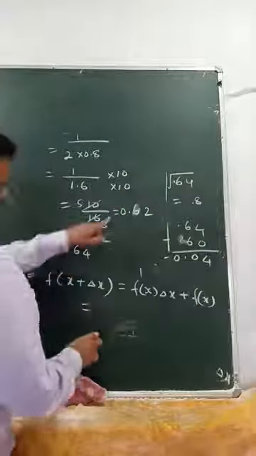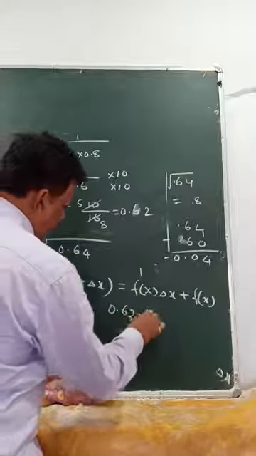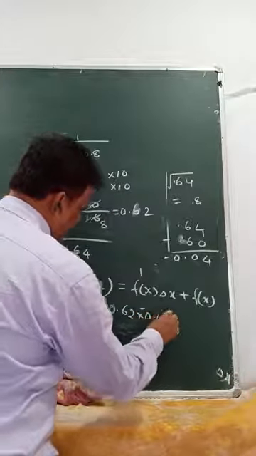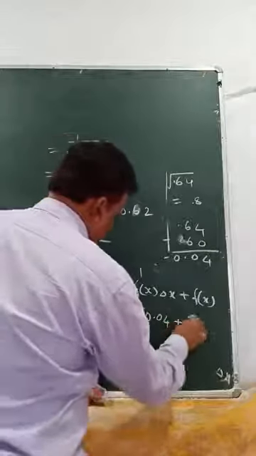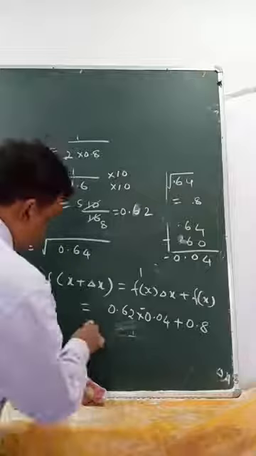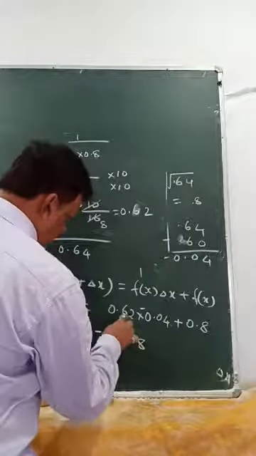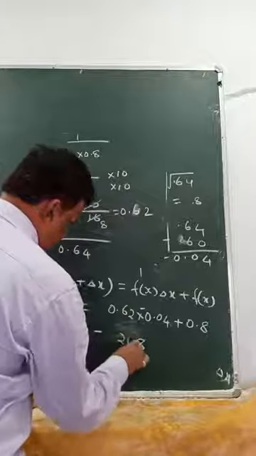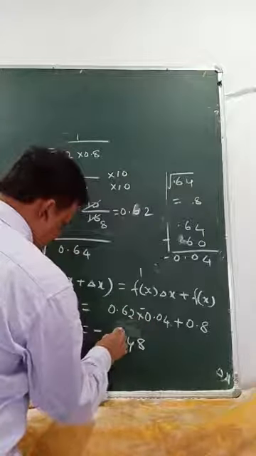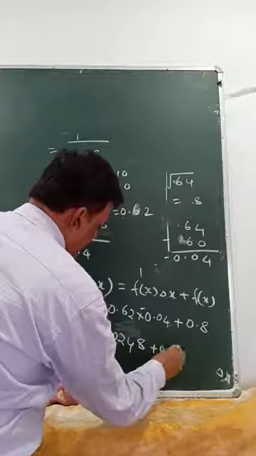So f dash x I got 0.625 into minus 0.04 plus 0.8. Now if you multiply, that becomes minus, after decimal 4 digits, so 0 point this plus 0.8.